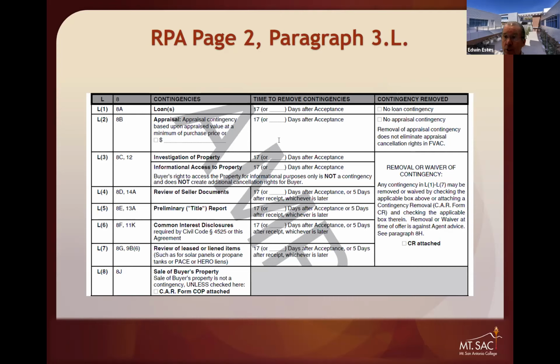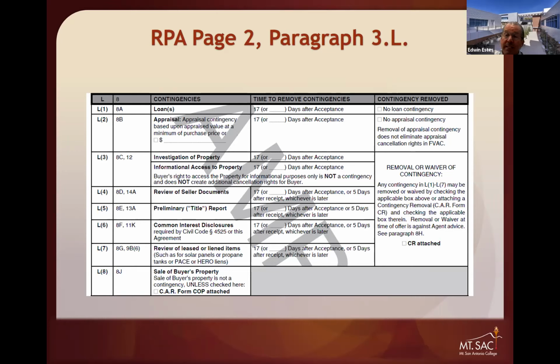Seller is supposed to disclose insurance claims if they know about them, if they remember them during the first 7 days. Buyer still needs to investigate. Now, if the seller gives a late disclosure, okay, so let's look back here on time to remove contingencies. It's 17 days after acceptance or 5 days after receipt, whichever is later.